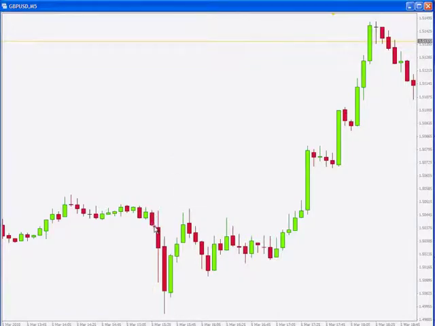Anyway, the news announcement came out there. The outcome was better than expected, and price dropped down like 50-55 pips in no time, in just a few minutes. Correct? Right there.